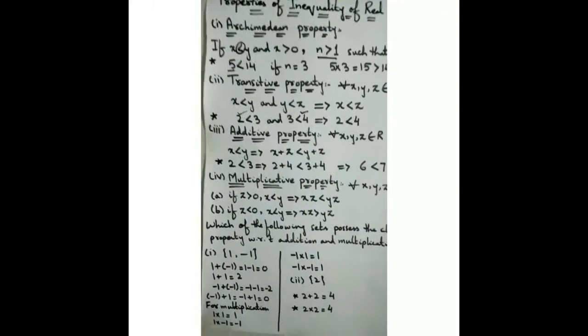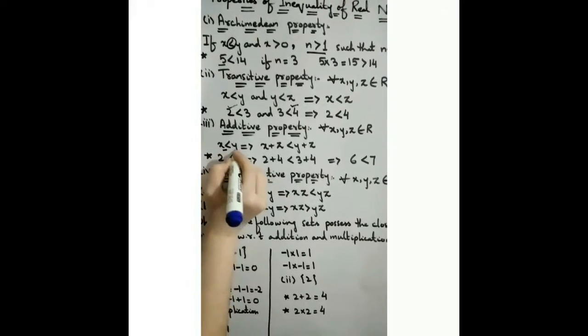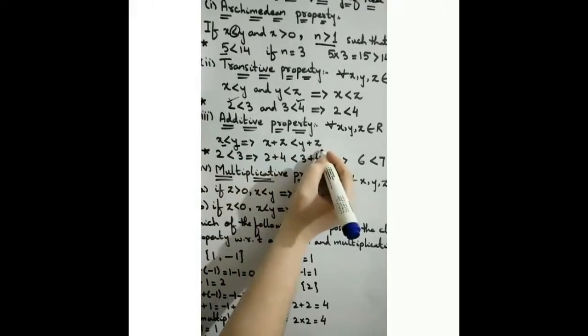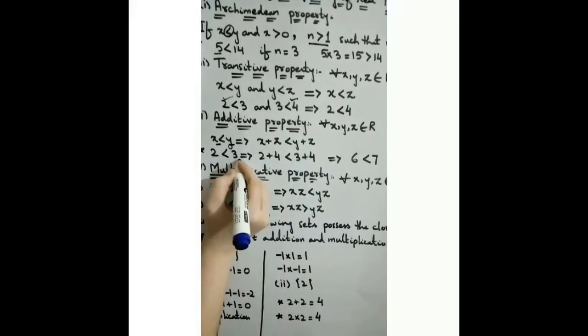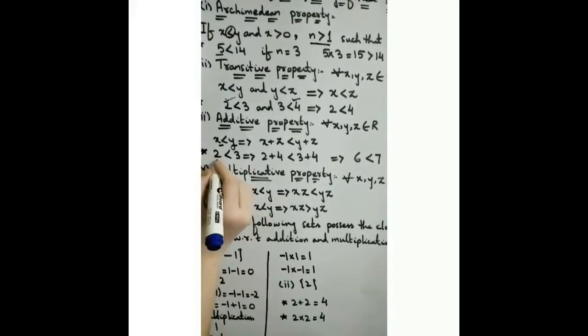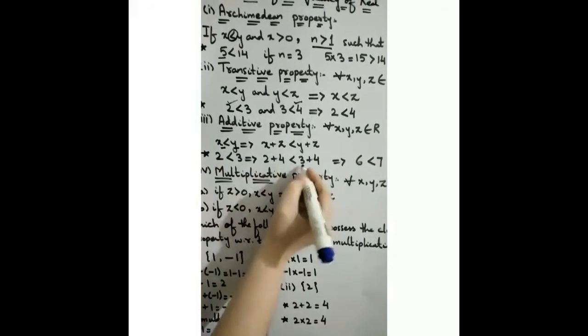Additive property, for all x, y, z belonging to R, x less than y, it means if I add a number to x and y, I will get x plus z less than y plus z. 2 is less than 3, if I add 4 to both sides, 2 plus 4, 3 plus 4, 6 is less than 7. Adding a real number to x less than y does not change the sign of inequality.